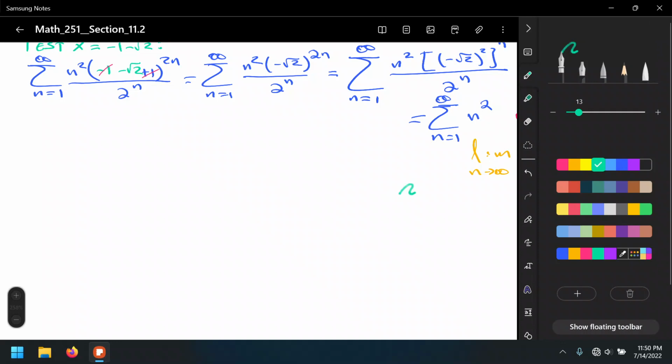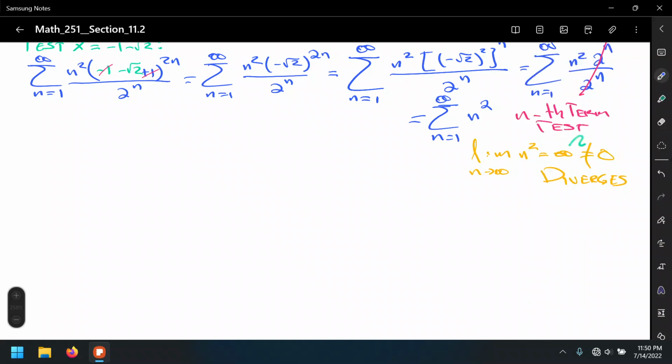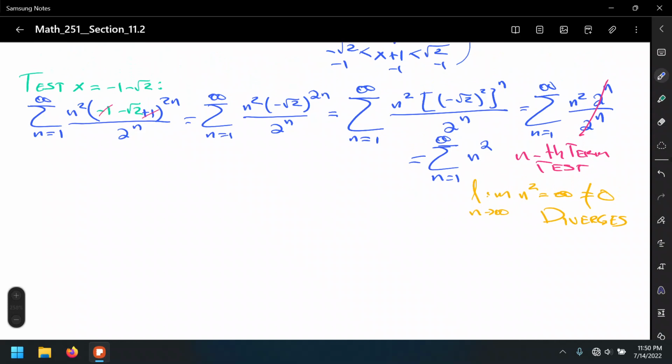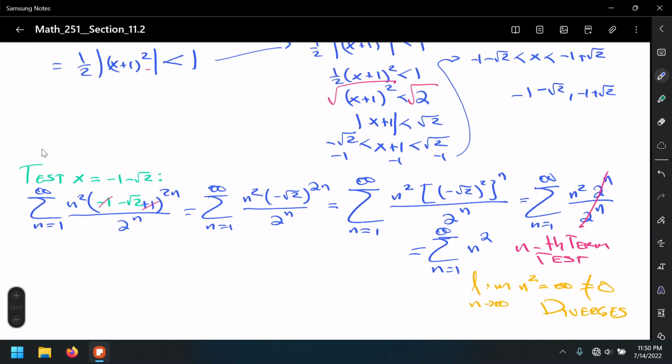Coming back to the original series, because the lower endpoint of x equals -1 minus root of 2 diverged, well, this one is parentheses. Let's see if the upper endpoint is parentheses or bracket. Let's figure that out.